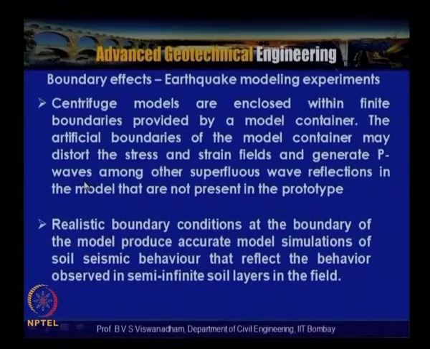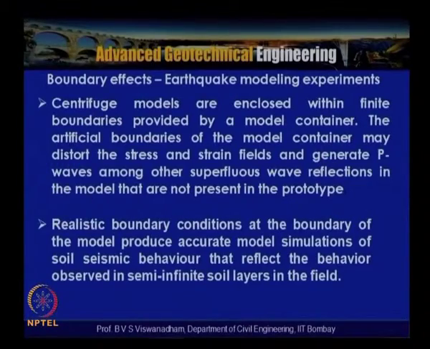After having seen the different shaking systems, let us look into the boundary effects, particularly when you are having an earthquake modeling experiment. We said that when you have a static container, that is a rigid container used for centrifuge model tests, there can be multiple reflections of waves at the onset of earthquake motion.